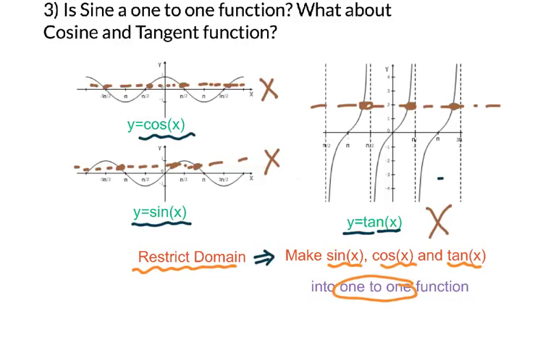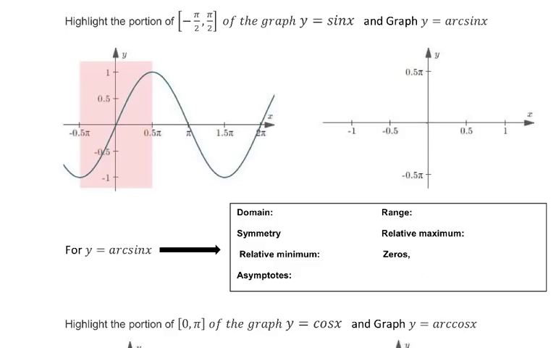How do we do that? For the sine function, when we study the inverse function of sine, we restrict the domain to negative pi over 2 to pi over 2, which means we only find the inverse function for this portion of the sine function between negative pi over 2 and pi over 2.